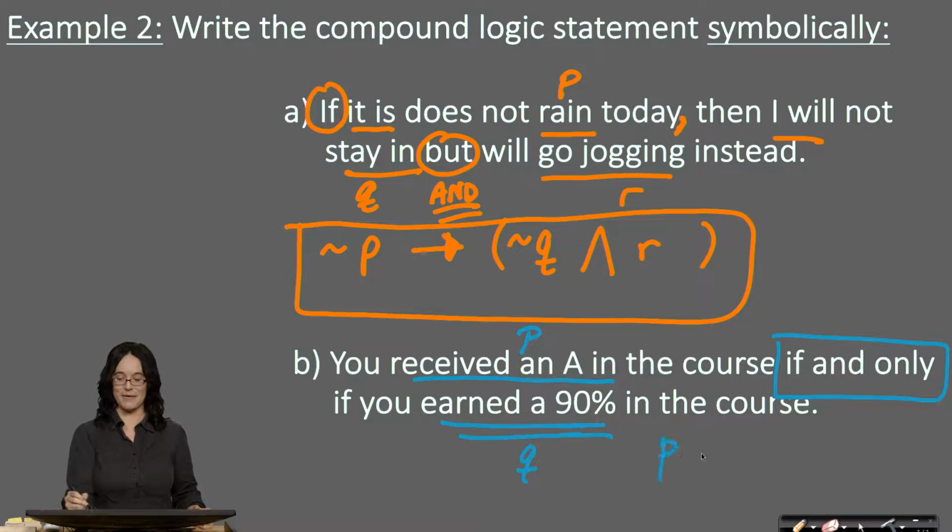If you said P double arrow, which is your biconditional, Q, you would be correct. That would be the symbolic version of this English sentence, right? We've now taken P, we've taken Q, and we've connected them with the biconditional arrow, meaning if one happens, the other happens, and if one does not happen, the other does not happen.